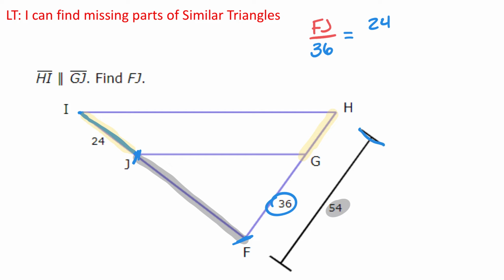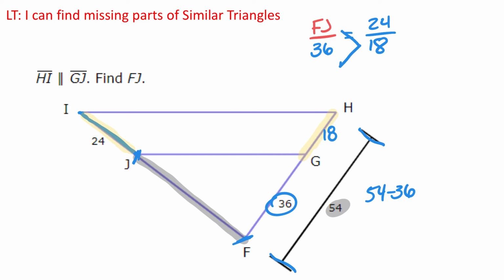This is 36, and the whole thing is 54. So the added part is going to be 54 minus 36, which tells us this is a measure of 18. So our ratio is going to be 24 is to 18. FJ is to 36 as 24 is to 18.